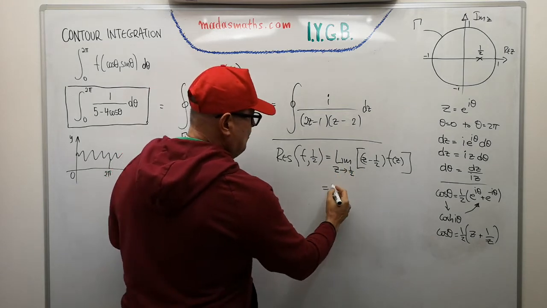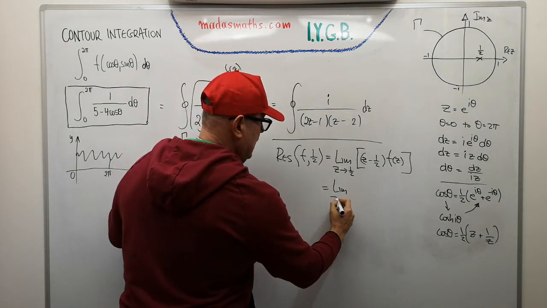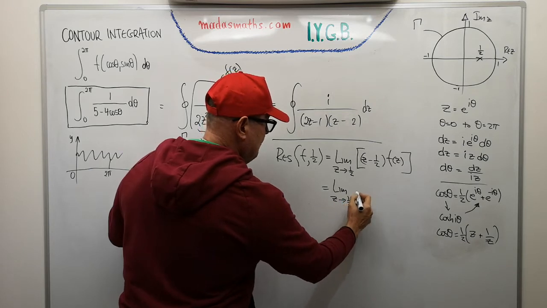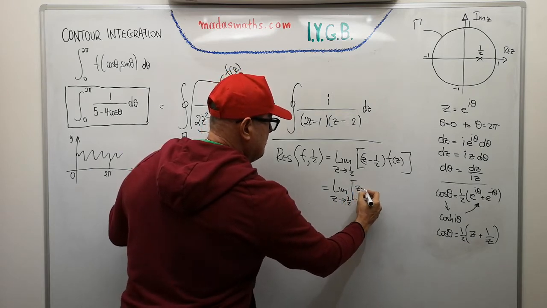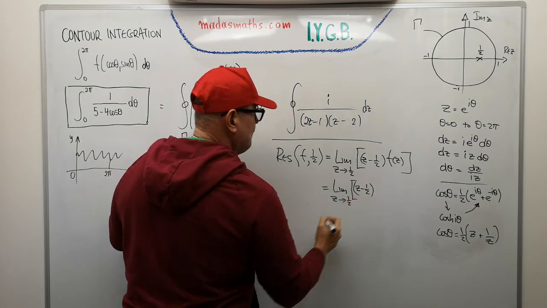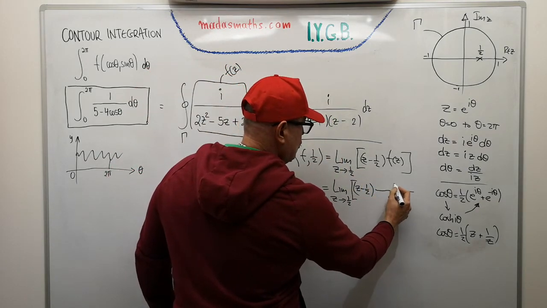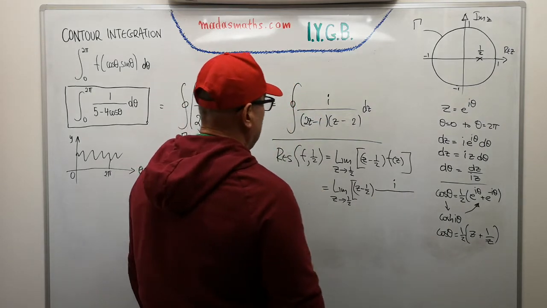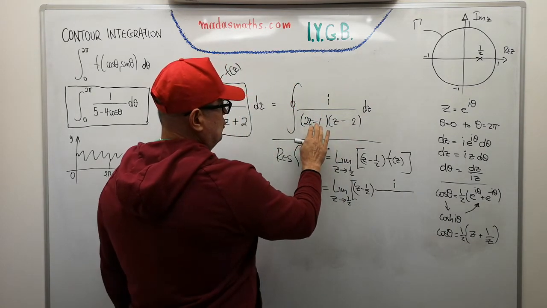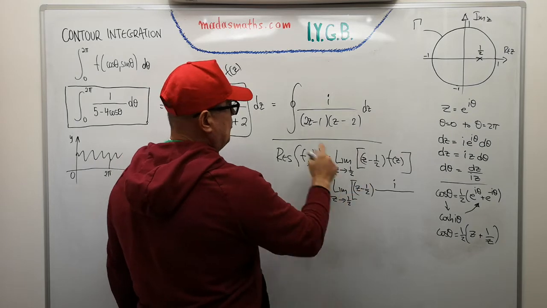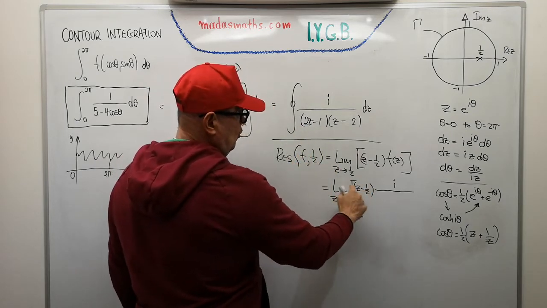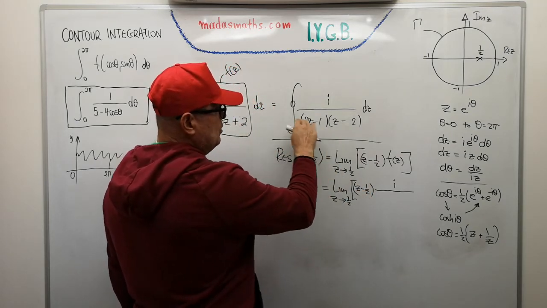Okay, so we need to start putting our things in. Limit as z tends to half, z minus a half, and now my f of z is going to be, I've got this i on the top, and I'm going to do 2 steps here rather than just writing it. I need to cancel, of course, that z minus a half should cancel with something in the denominator.